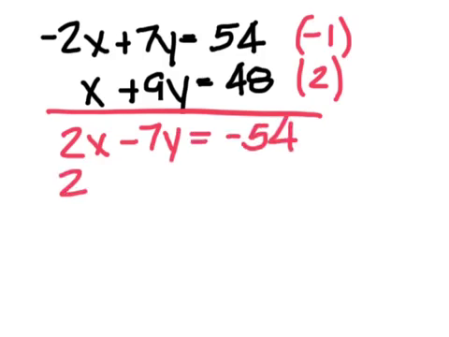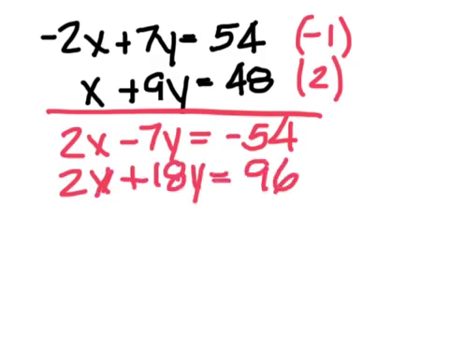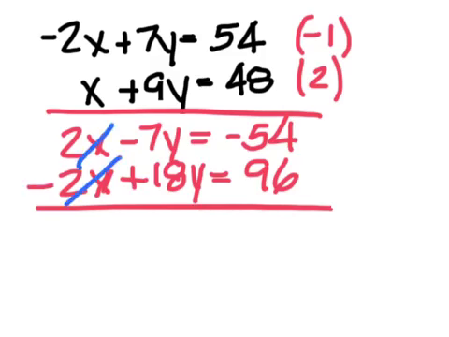And on the bottom it's 2x plus 18y equals 96. I have to subtract from there, and these cancel out. -7 minus 18 should be a -25y, and then we'll have -54 minus 96.